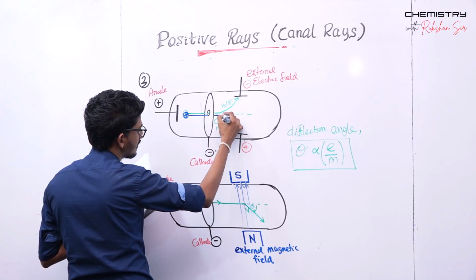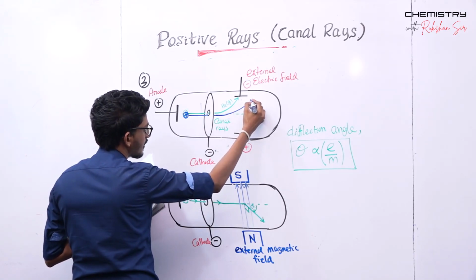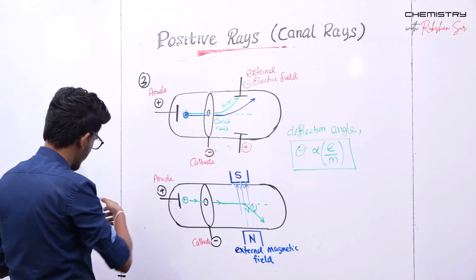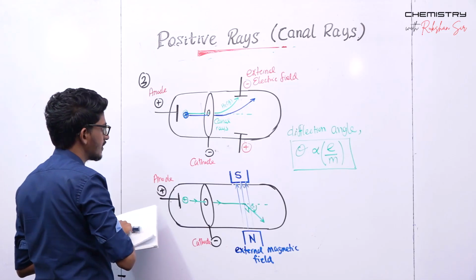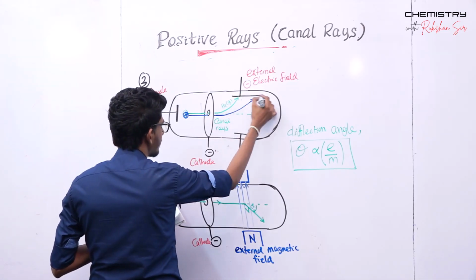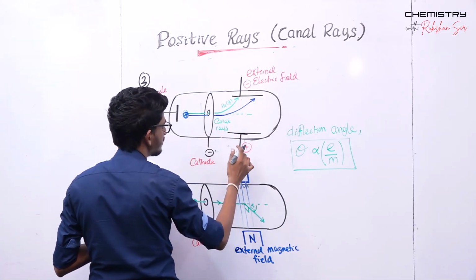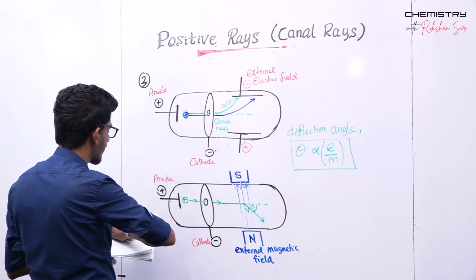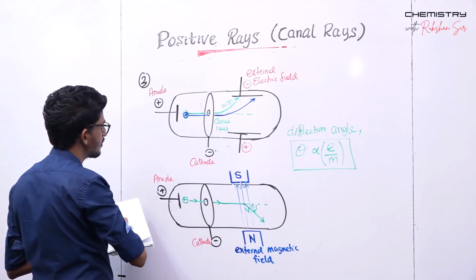Now the deflection angle is like this. Let's come up with something linear here. So the deflection angle varies with the gas inside the tube.